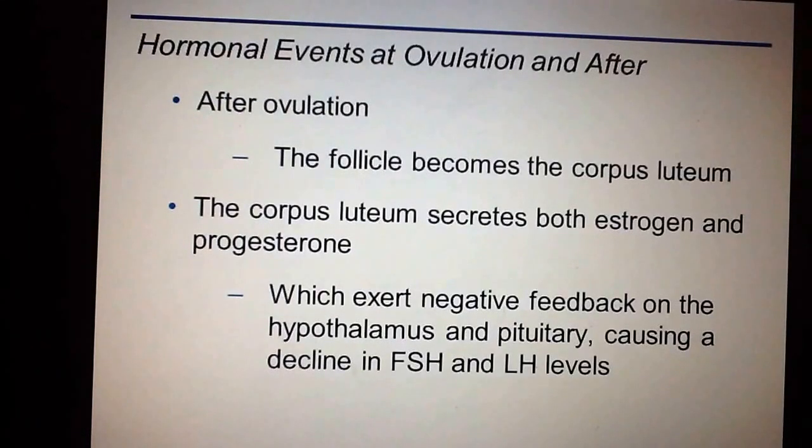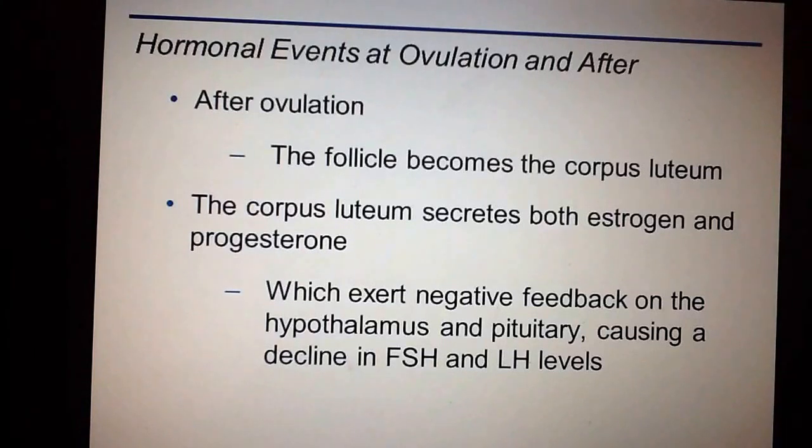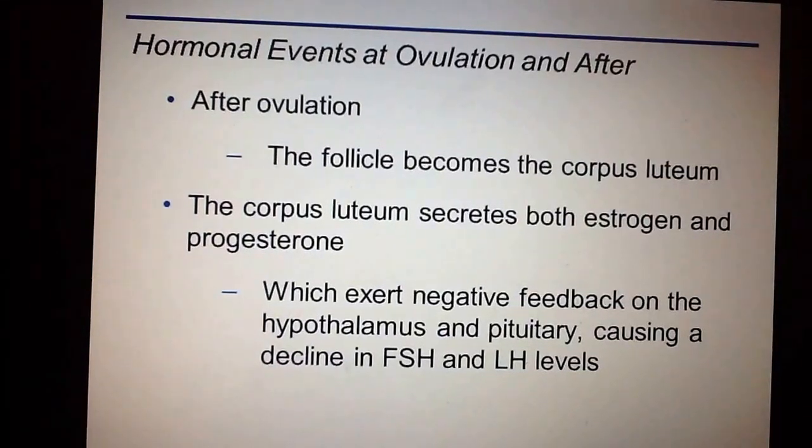So what happens after ovulation is the follicle turns into something called a corpus luteum, because it no longer has an egg inside of it. What the corpus luteum does is it's going to secrete more estrogen and progesterone, which go back and tell the brain, hey, let's shut down the production of follicle-stimulating and luteinizing hormone because we've already released the follicle.